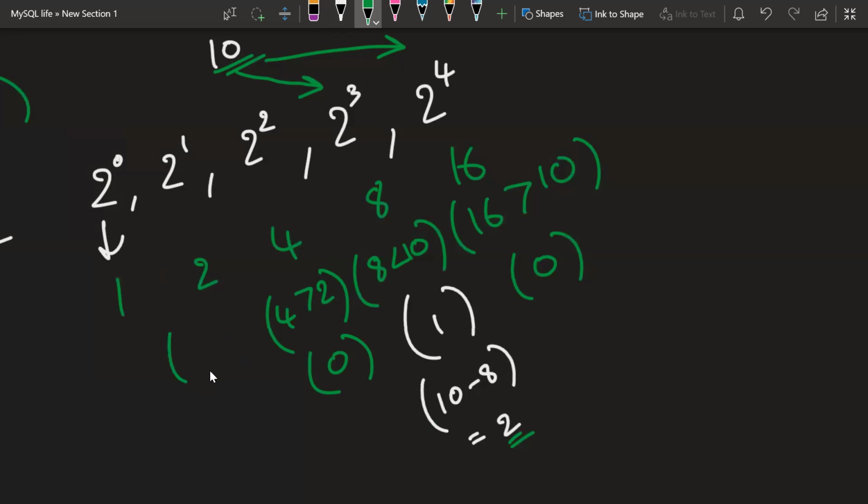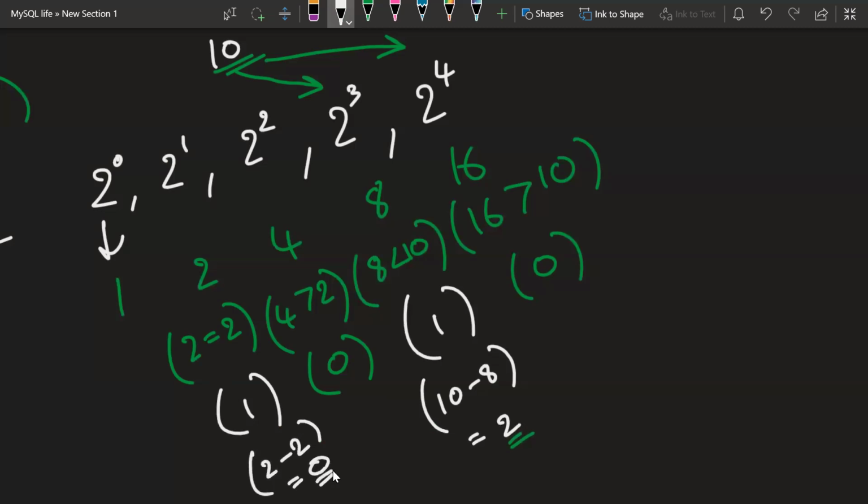So I just wanted to compare whether 2 is equal to 2 or not. Of course, 2 is equal to 2, right? So I would place this position as 1. Okay. So now, if you subtract this, for example, 2 minus 2 gives you 0. Right here, we have to stop because whenever you have got 0, then obviously you have to stop right here.